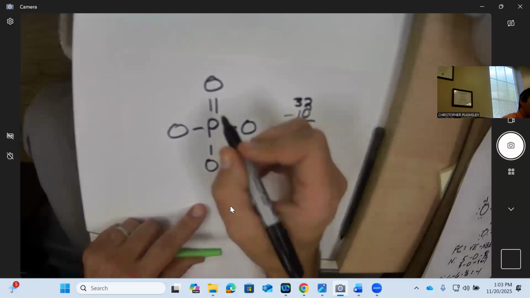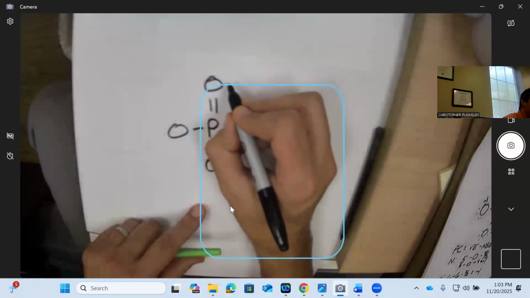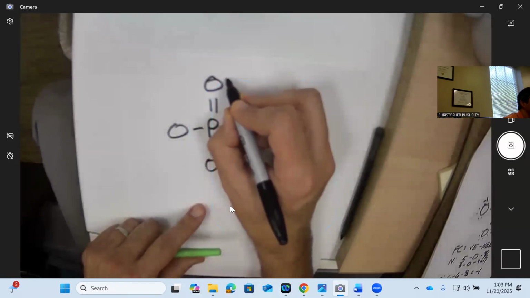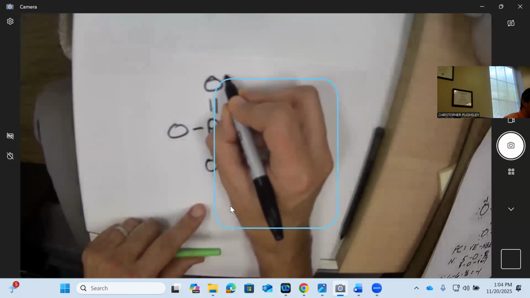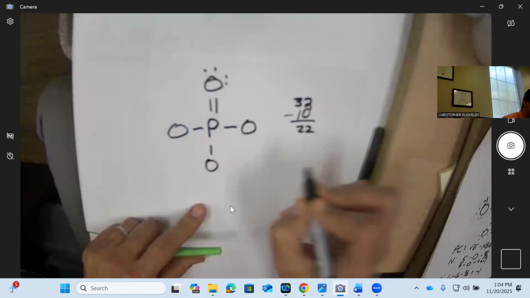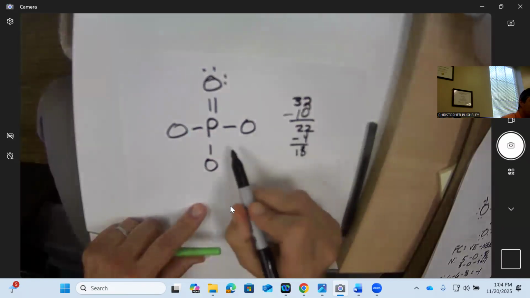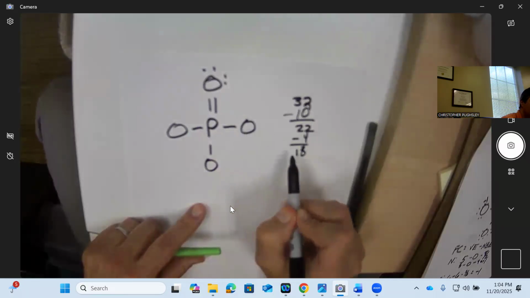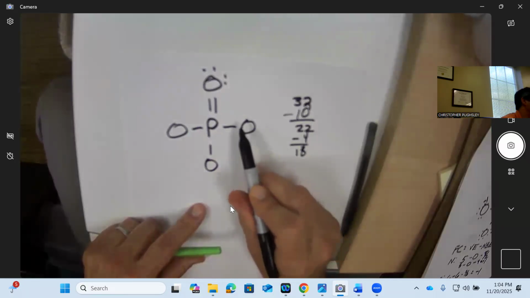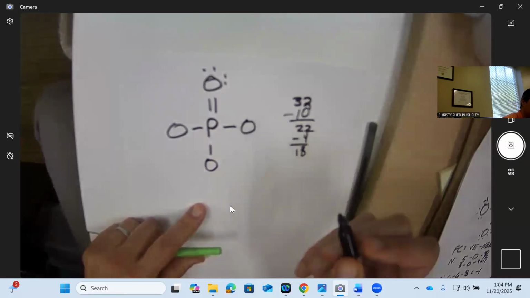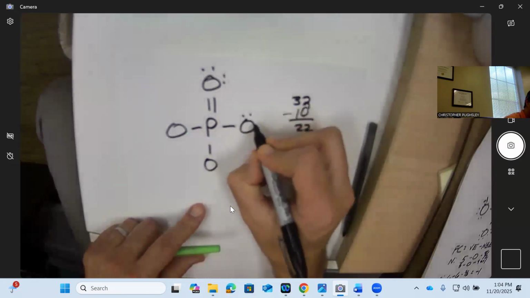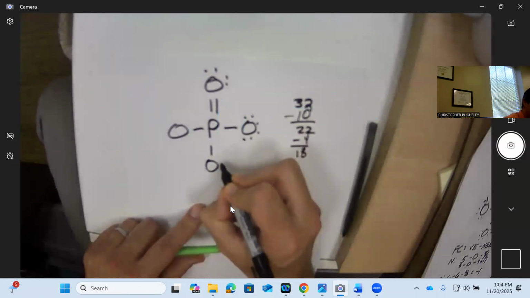That means how many more will this one need? 4 more. So out of those 22, I took away 4. Now there are 18. Every one of these oxygens needs how many more? 6. So if I just give them all 6, I think that'll be good. Let's see if that works.